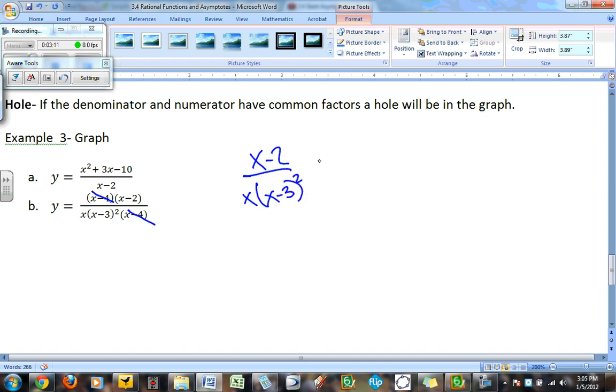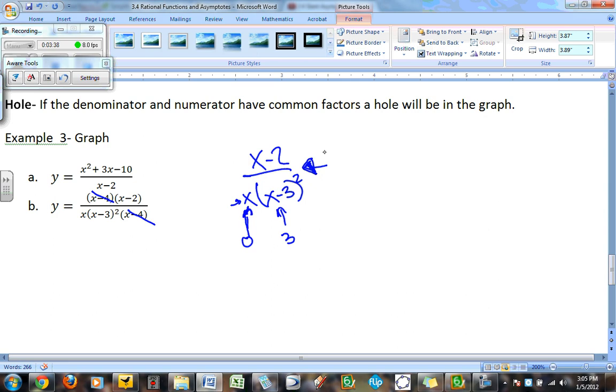Now the graph is going to look exactly like this guy's graph, and we can figure out where the asymptotes are. 0 would make this undefined, right? A positive 3 would make this one undefined, because that would make this equal 0. 0 times anything is 0. If I made x equal to 0, 0 times 0 minus 3, which is negative 3, 0 times negative 3 is 0.